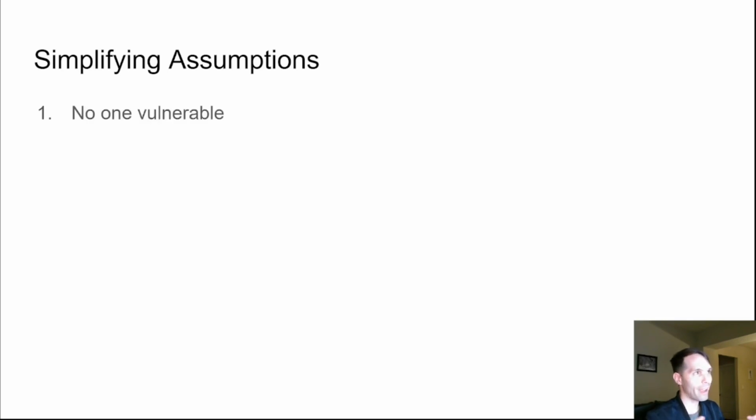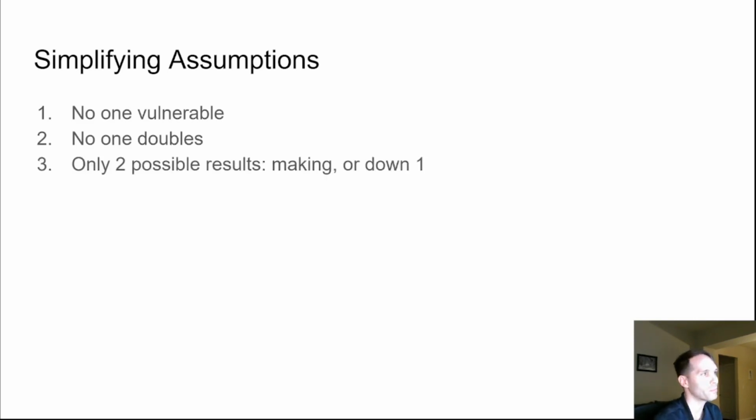So to simplify our analysis, we're going to assume, for starters, no one's vulnerable on any of these hands. We're also going to assume no one doubles, because doubles can obviously bring into the picture double part scores making, or going for 800 in certain hands. And so we want to simplify what we're thinking about, just so that we can get a takeaway about generally what the right thing is to do.